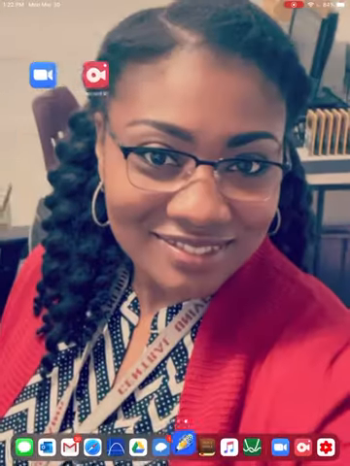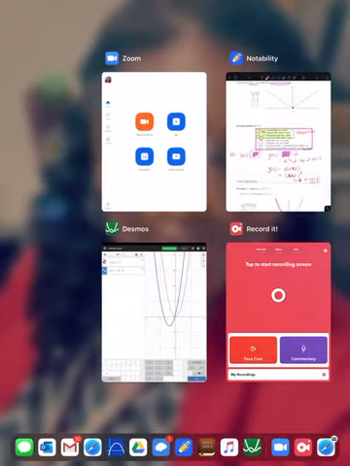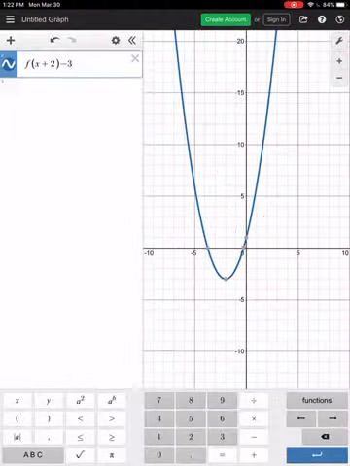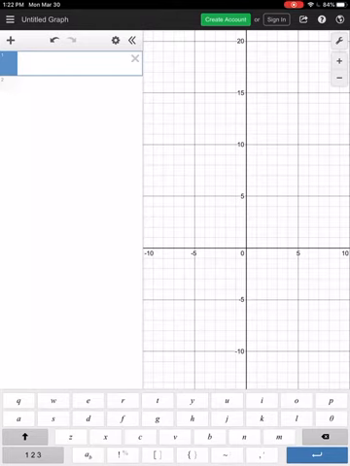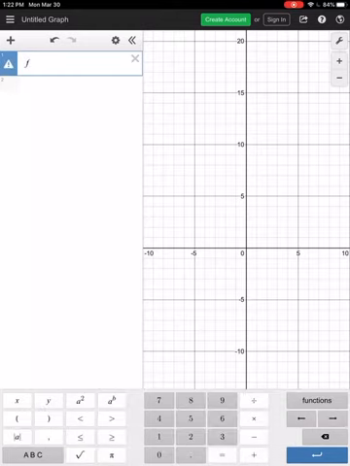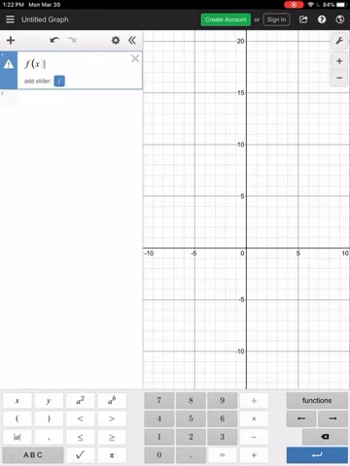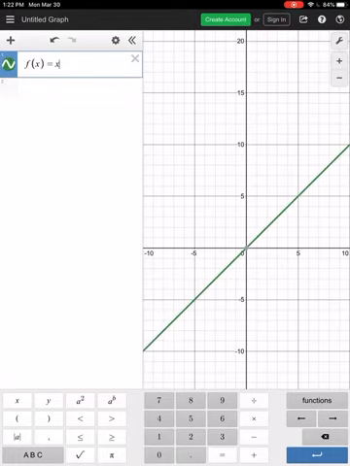So let me open up my Desmos. Here we go. I start off with f of x, so I will type f parentheses x and equals x to the third power.